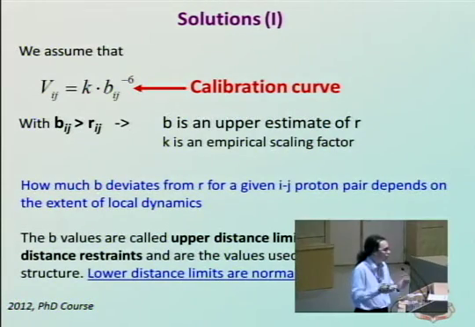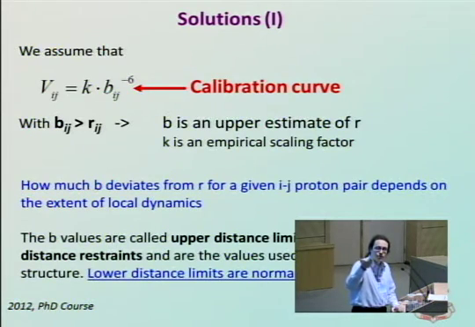We don't care about small changes here and there. But because we know that we are introducing errors, what we have to do is give up the idea that we can actually measure the distance, and we introduce what you already probably know of as the upper estimation of distance or upper distance limits.